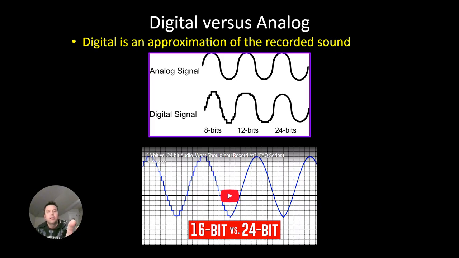And this is just a cool picture. The analog is this smooth, continuous representation of the sound. If we were just playing one frequency, it would look perfectly smooth on an analog scale. If we digitize it, with the old 8-bit it was very chunky.